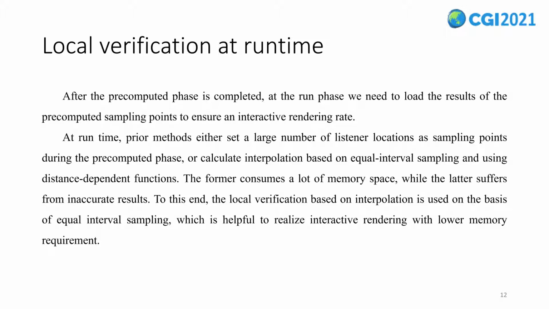The former consumes a lot of memory space, while the latter suffers from inaccurate results. To this end, the local verification based on interpolation is used on the basis of equal interval sampling, which is helpful to realize the interactive rendering with low memory requirement.